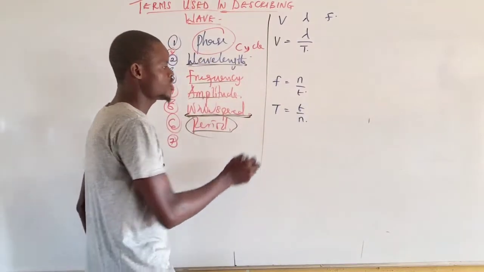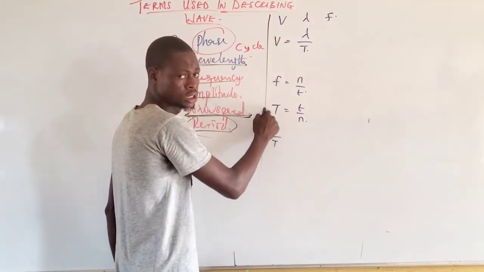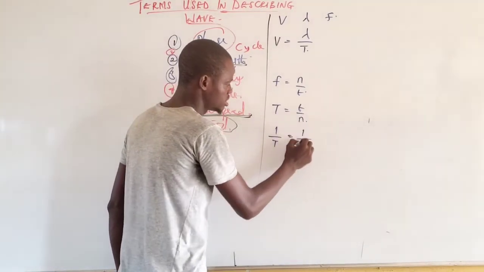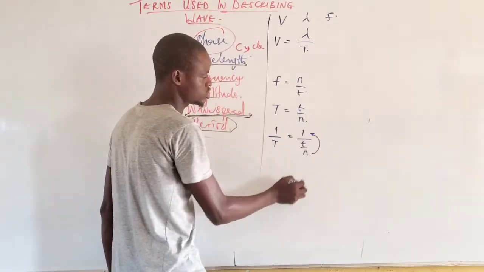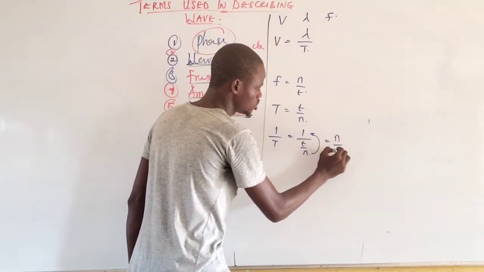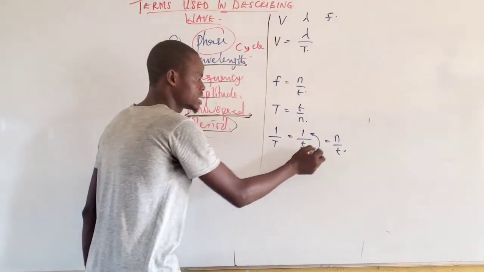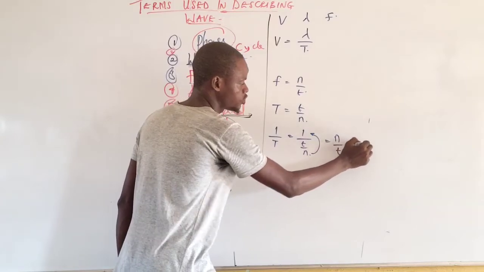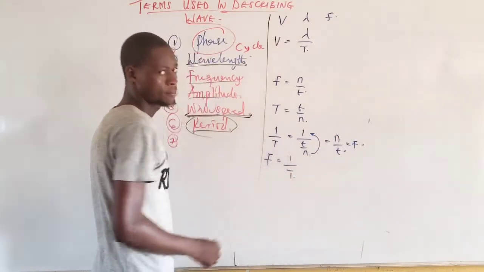From here, if I take 1 over period, I have 1 divided by time over number of oscillations. This gives number of oscillations over time taken. That is mathematics. Since number of oscillations over time taken is the frequency, I can say my frequency is equal to 1 over period.